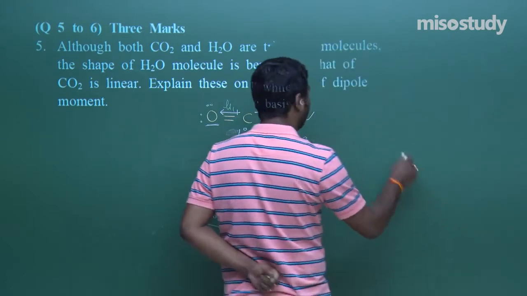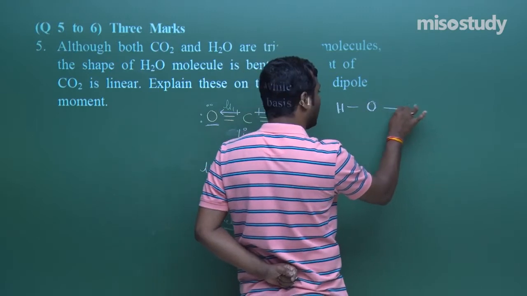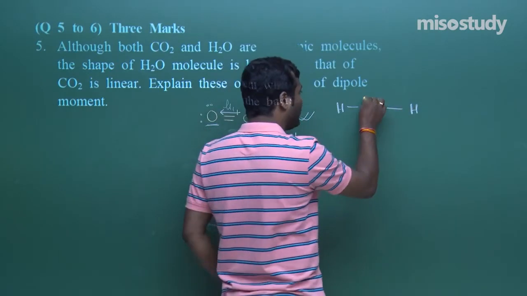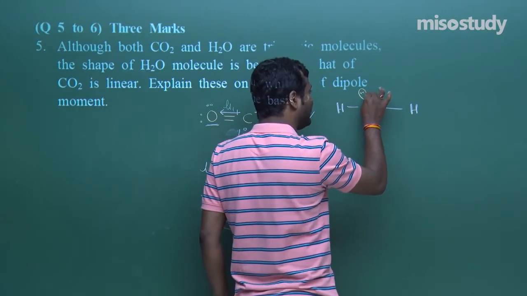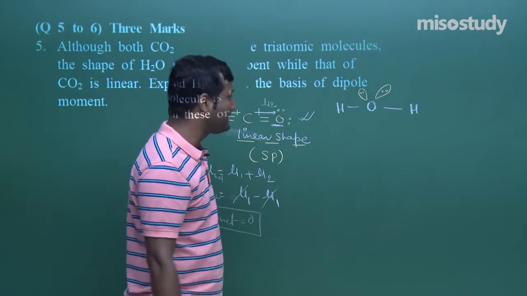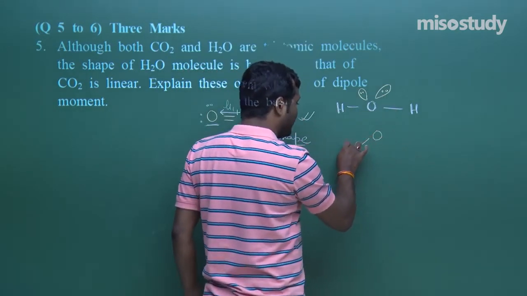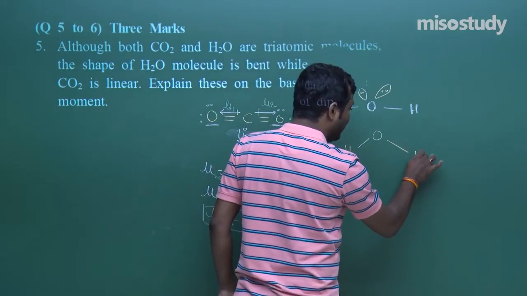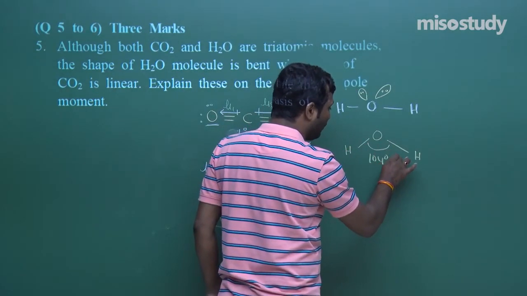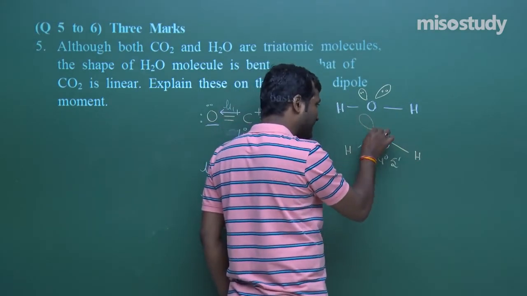But if I talk about H2O, people draw the structure of H2O like this. It is correct, but look, in H2O there is a lone pair of electrons. Due to this reason, this lone pair repulsion comes like this, and the bond angle decreases to 104.5 degrees.